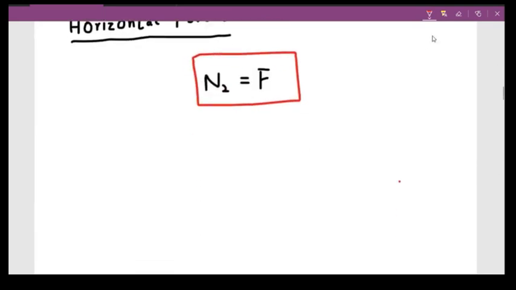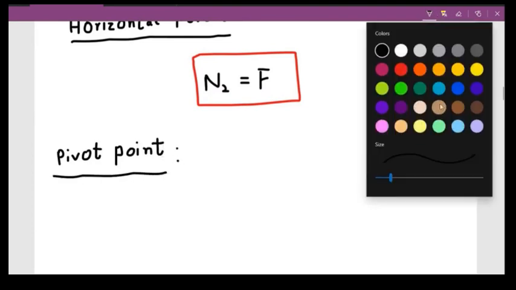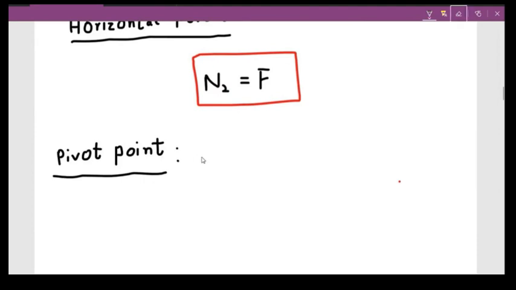Next comes the time for torques. Before discussing torque, we have to choose a pivot point. A pivot point is any point about which we are going to calculate our torque.